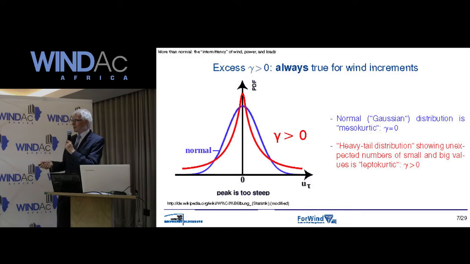Here is u tau, these are the increments, and this is the probability. It's not interesting anyhow. What is interesting are these big jumps here on the left, and the big jumps on the right. So we have more big jumps than expected by a normal distribution.